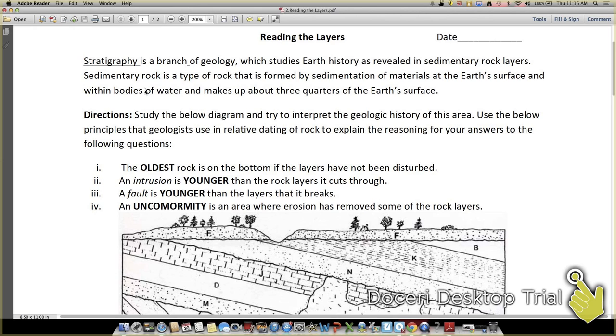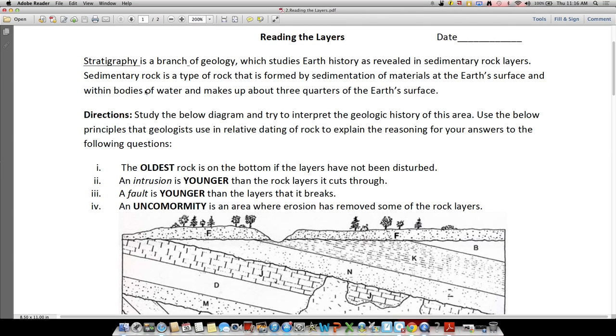What is the important word in that paragraph? Stratigraphy. All right. How do we know that that's an important word? Because it is underlined.